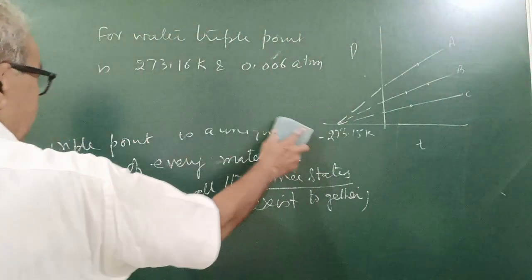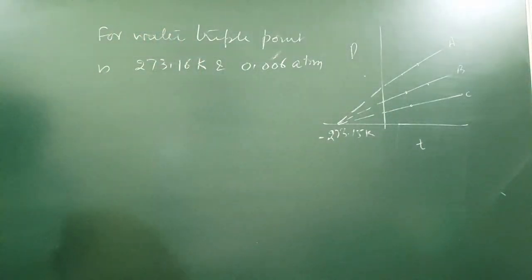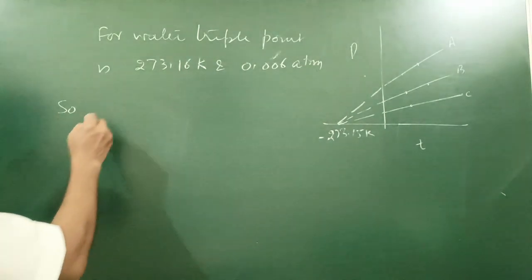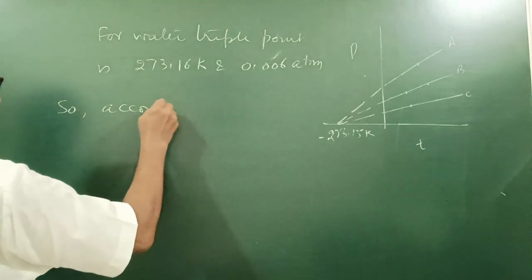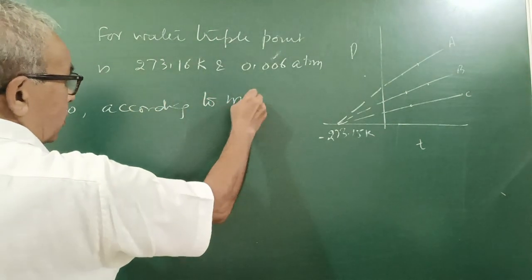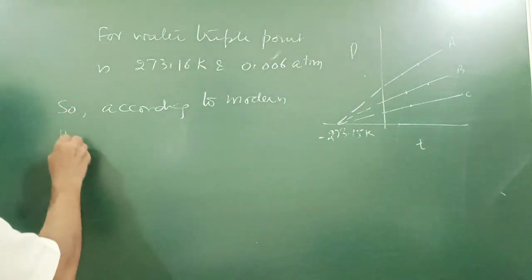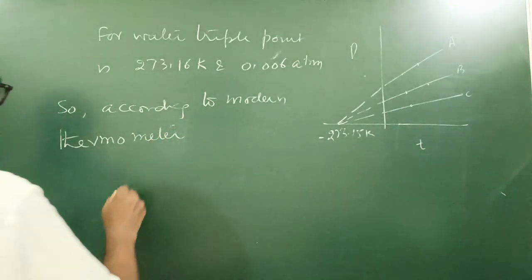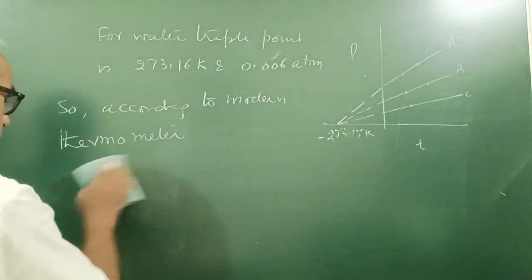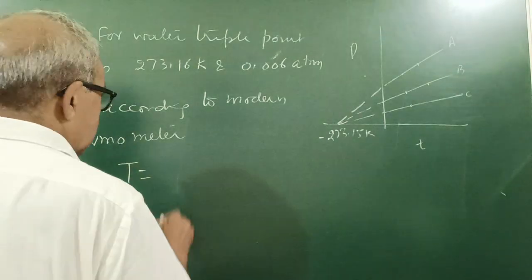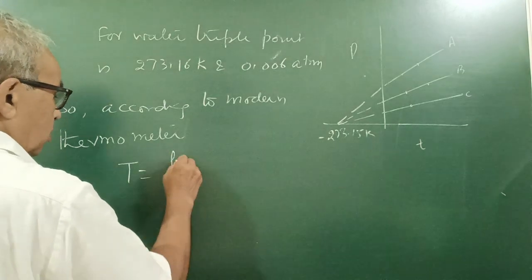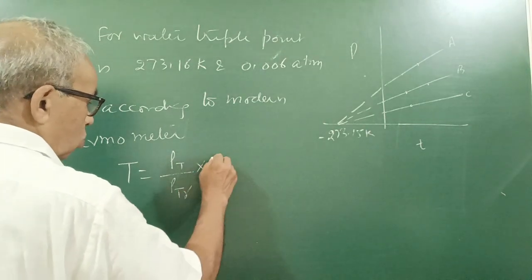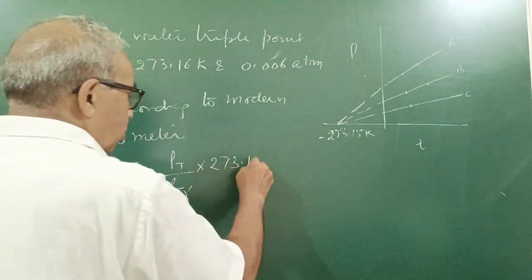So according to modern thermometry, T is equal to, Kelvin, sorry, T is equal to PT upon PTR into 273.16 Kelvin.